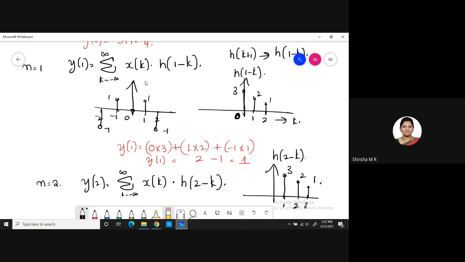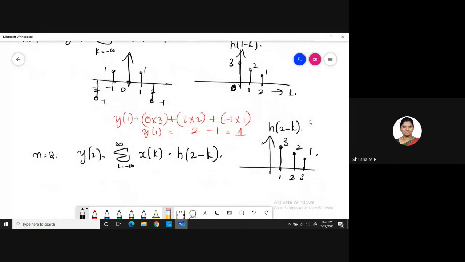Now check the overlapping space. Our waveforms of interest are x of k and h of 2 minus k. What is the overlapping space? Y of 2 is +1. So it's overlapping at 1 and 2, right?